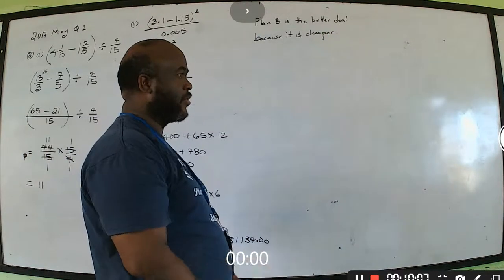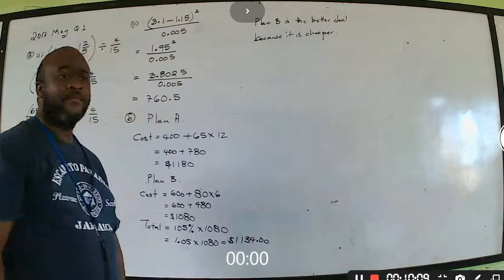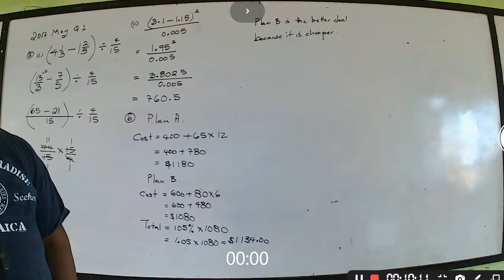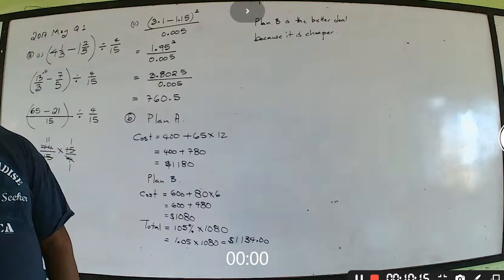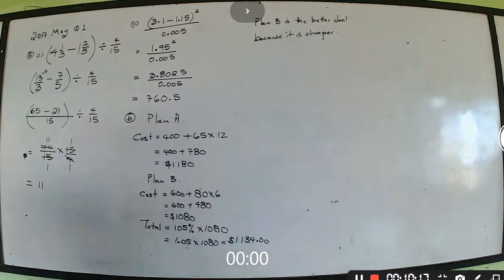No. In this case, yes, because it is the exact same phone. Are you getting me? It's the exact same phone. So there's only one other factor, and that is price.